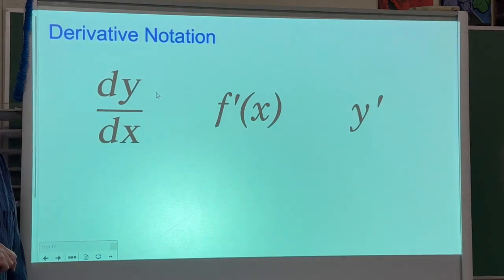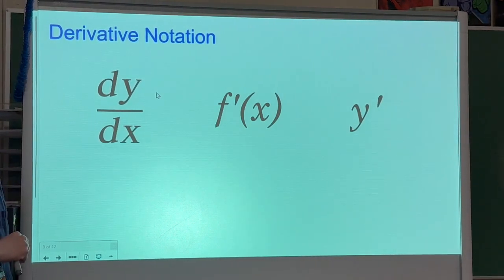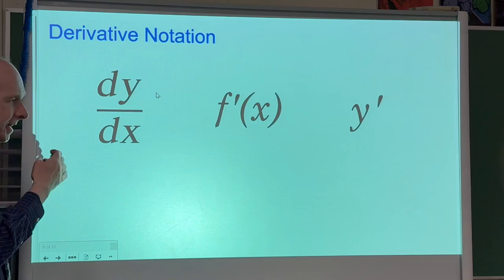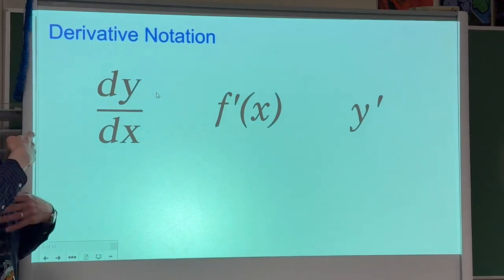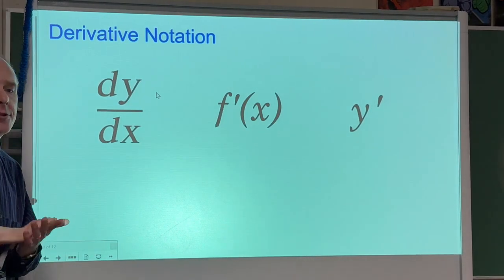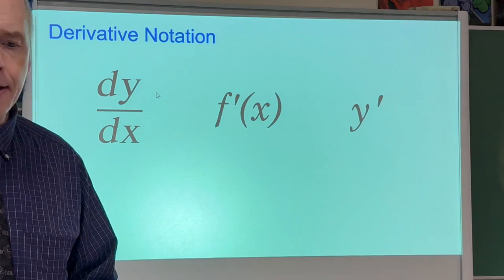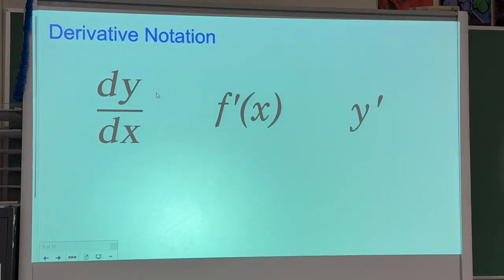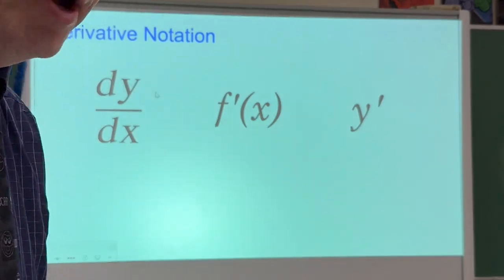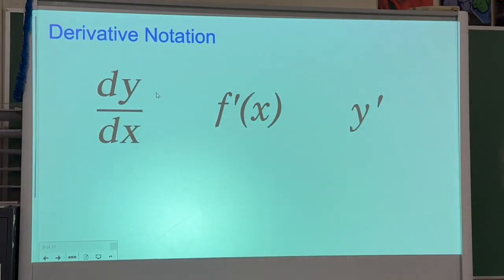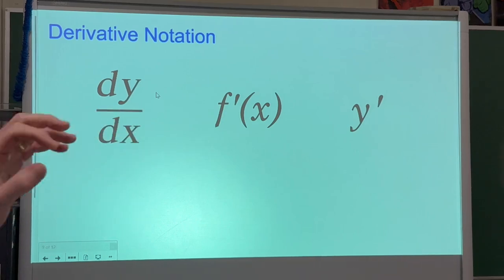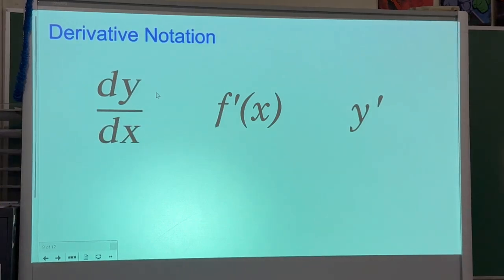They all mean the same thing. They all represent the derivative, which is your instantaneous rate of change, which is your slope of the tangent line at any point. dy dx, f prime of x, or y prime, they all are derivative notations. And there's even another one that you'll see in calculus, but it's not really used as widely as these.